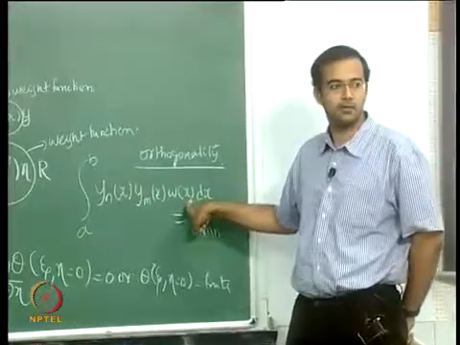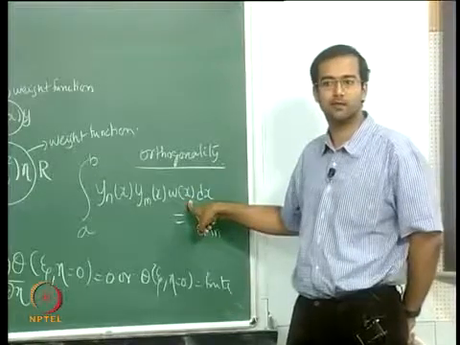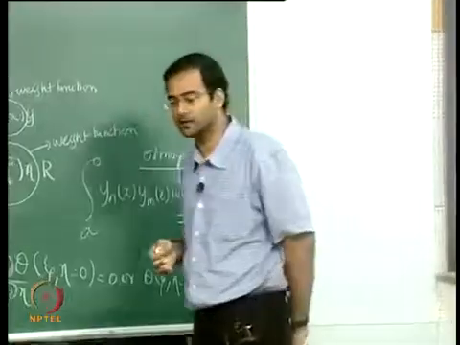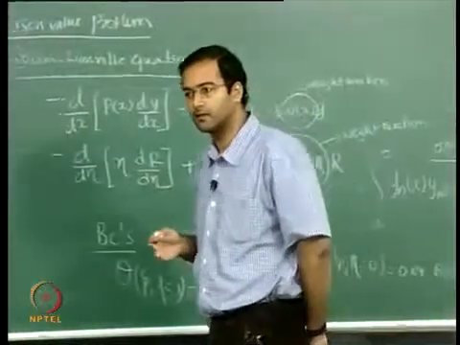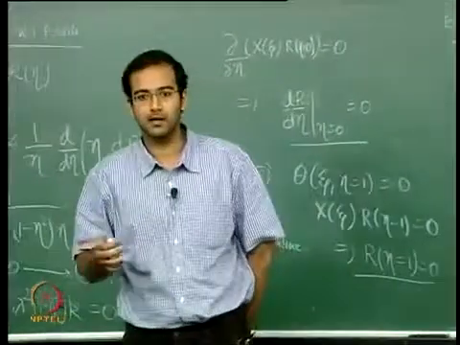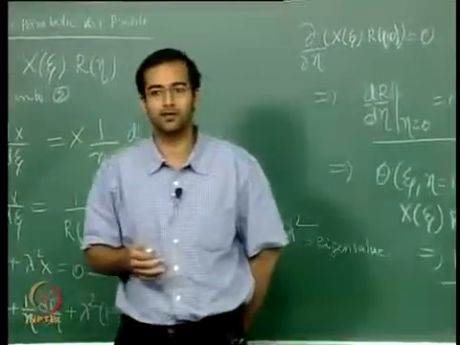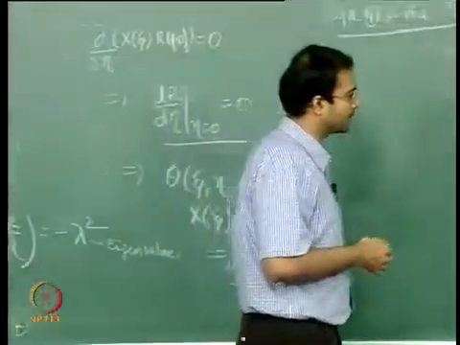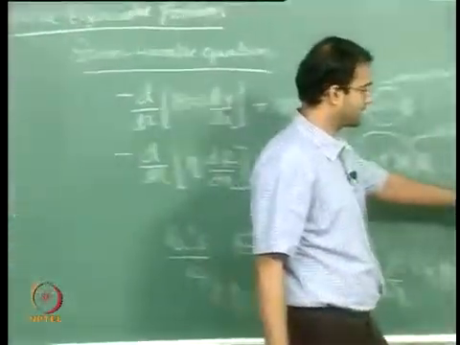If m is not equal to n, this integral will be equal to 0, just like what we saw yesterday. If you multiply Bessel function jn x into jm y, if m is not equal to n, the integral product will be 0. So this is the principle of orthogonality for any Sturm-Liouville problem.